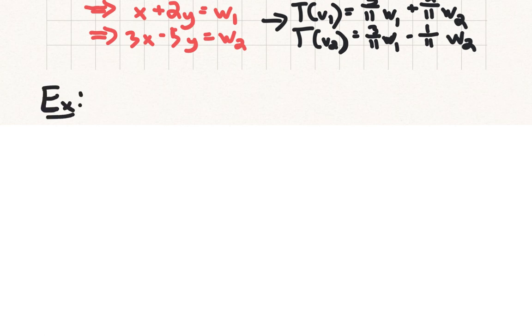So let's have our field of scalars be just the real numbers. Let's have our linear transformation, I'll still call it T, going from vectors in R2 to 2x2 matrices. Let me tell you what this linear transformation does.